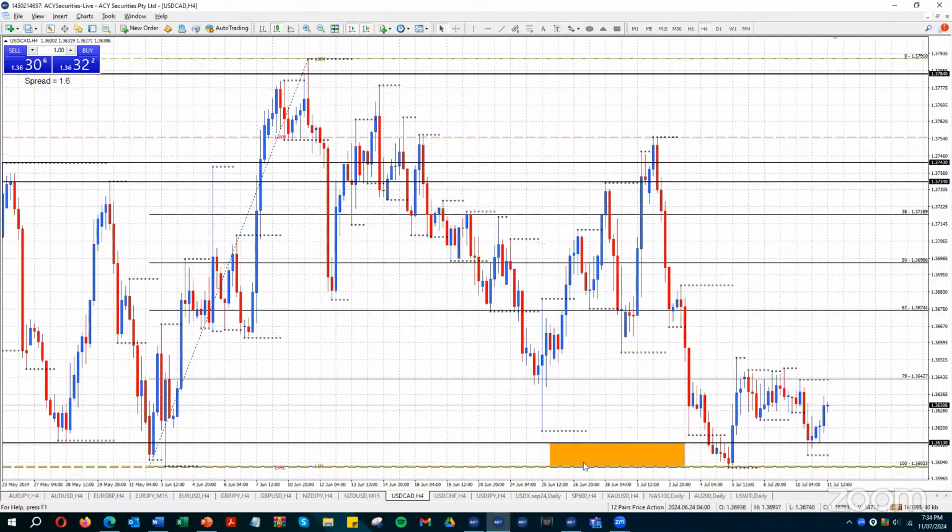Dollar Canadian. Now this is the area I gave you on Tuesday. In actual fact, I got long in here yesterday at 36.10. I was hoping that I'd wake up this morning and find that price was a good 50 pips up the range, but it wasn't.